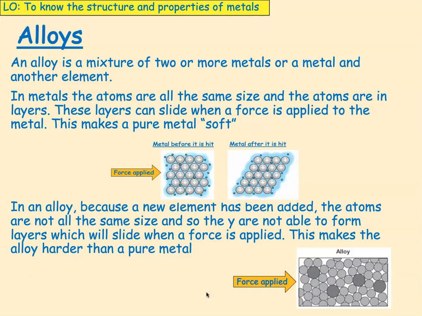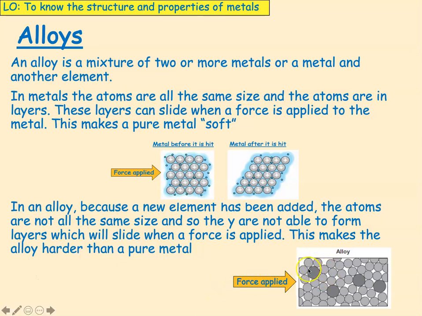In metals, the atoms are all the same size, and the atoms are arranged in layers. Those layers can slide when a force is applied to the metal. We've already seen this. And this makes a pure metal what we call soft. Now, in an alloy, because a new metal has been added, the atoms are not all the same size.